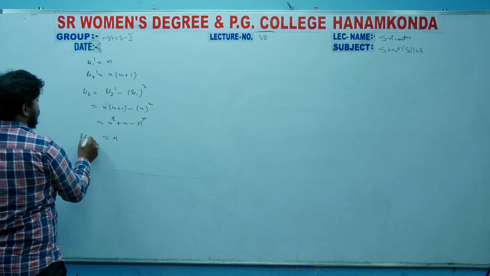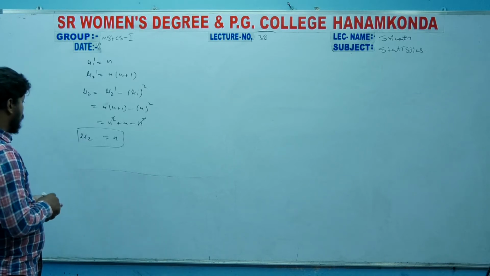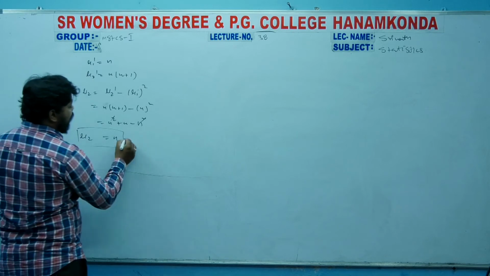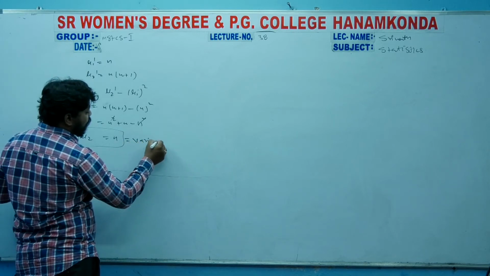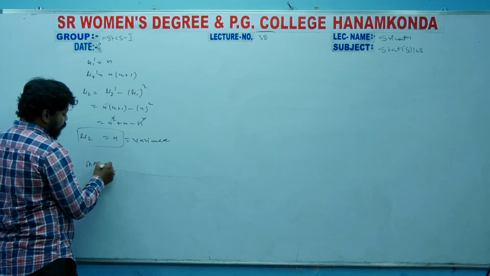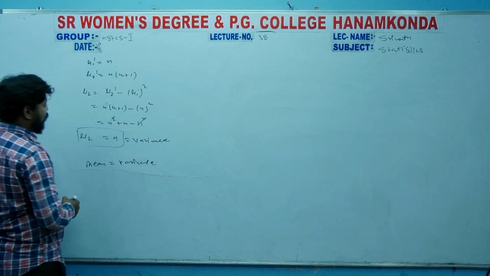Finally n is the variance. So variance also we get as n, and mean is equal to variance in gamma distribution.